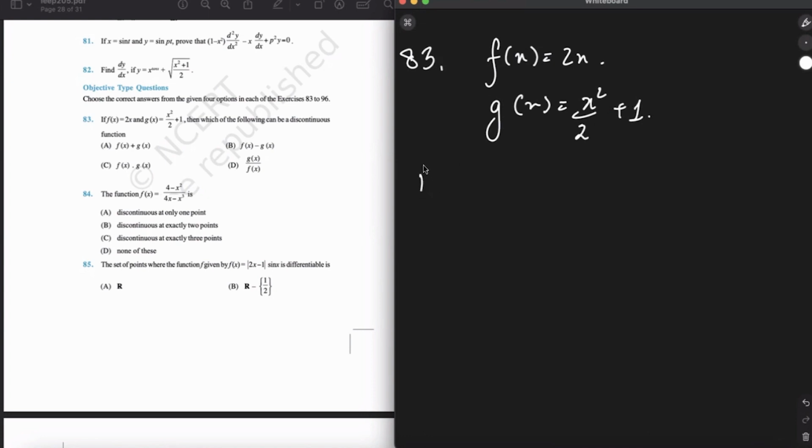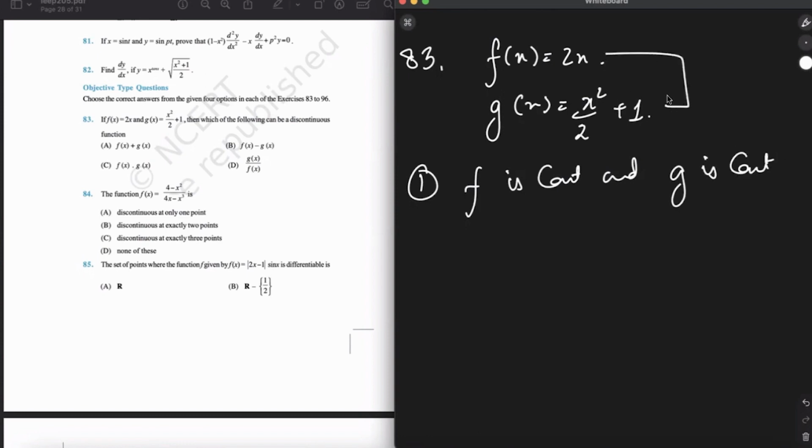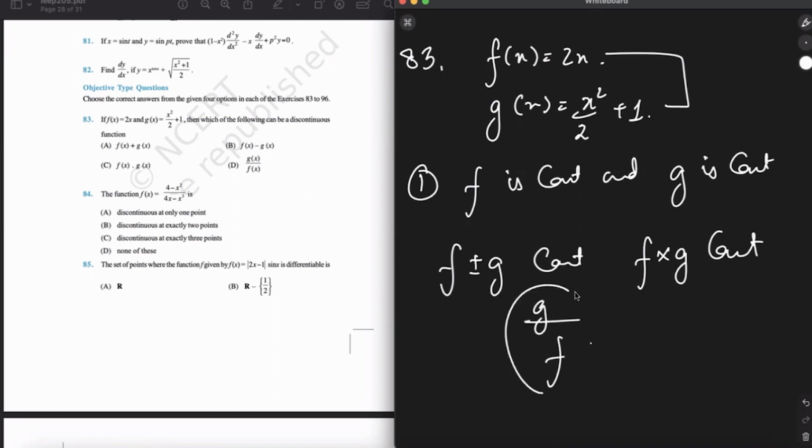So first of all, tell me one thing. If f is continuous and g is continuous, you will clearly see that f and g are continuous because they are polynomial functions, right? So f plus minus g will be continuous as well. F into g will be continuous as well. Now, what are we left with? We are left with g upon f.